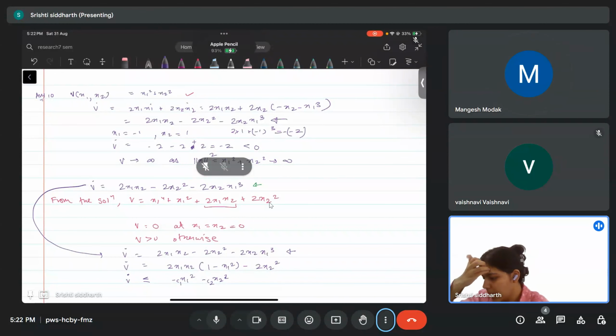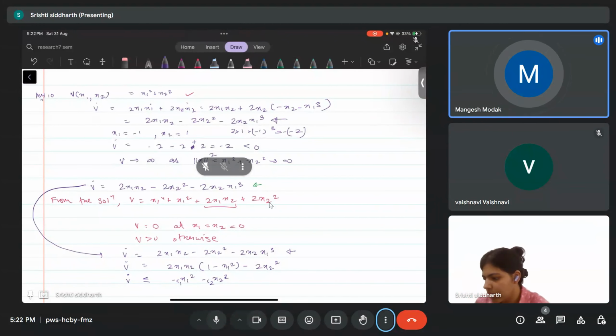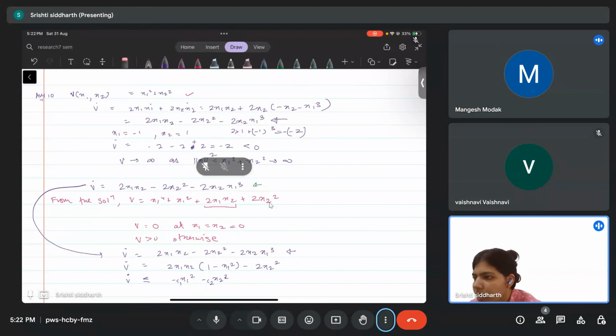Yes, yeah. Any positive definite v, but they have considered extra terms in that one.